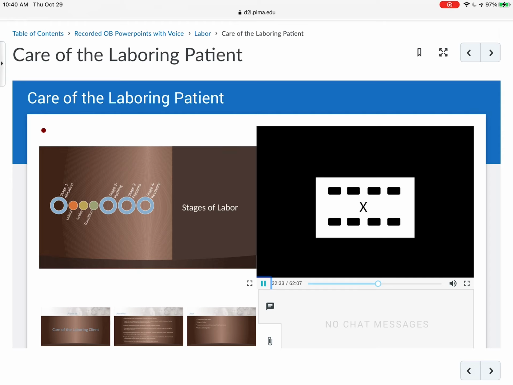What's the baby going to come out doing? Does the baby come out crying and screaming and pinking up and moving? And if it does, it's like, oh my gosh, this baby is transitioning well. Sometimes though, the baby comes out limp, not crying and not pinking up. And that's when we have to do resuscitation, and that's what the 2 nurses are there for.